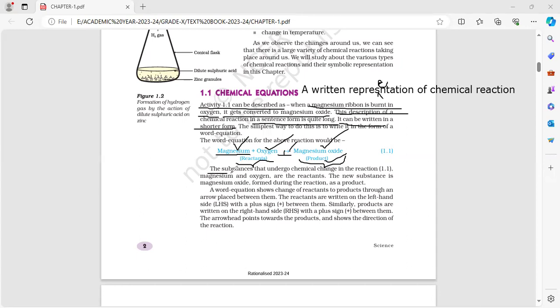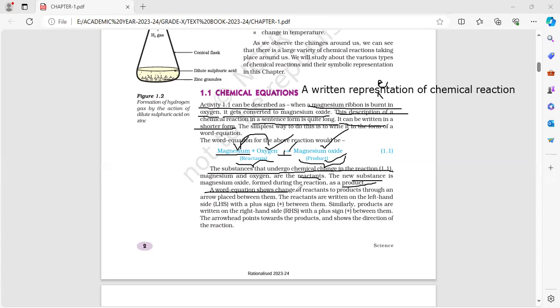So let me read this. The substances that undergo chemical change in reaction 1.1 are magnesium and oxygen. So these two substances are undergoing chemical change, so they are known as reactants. And after they both react, we get a final product, a new substance, and that is known as the product.